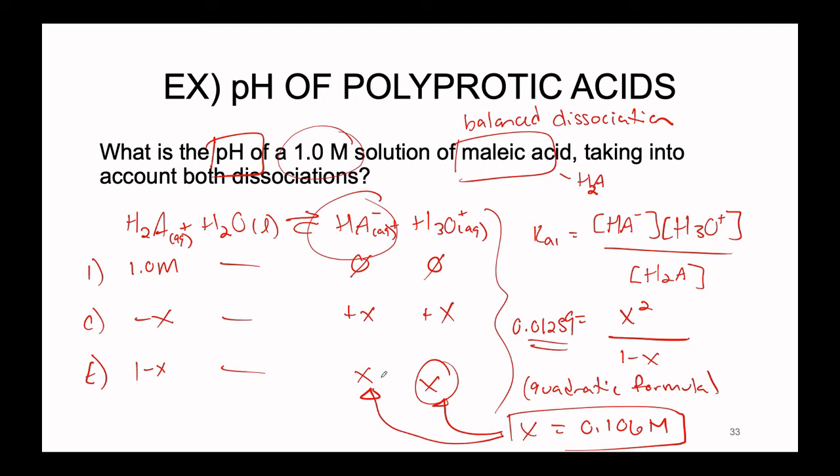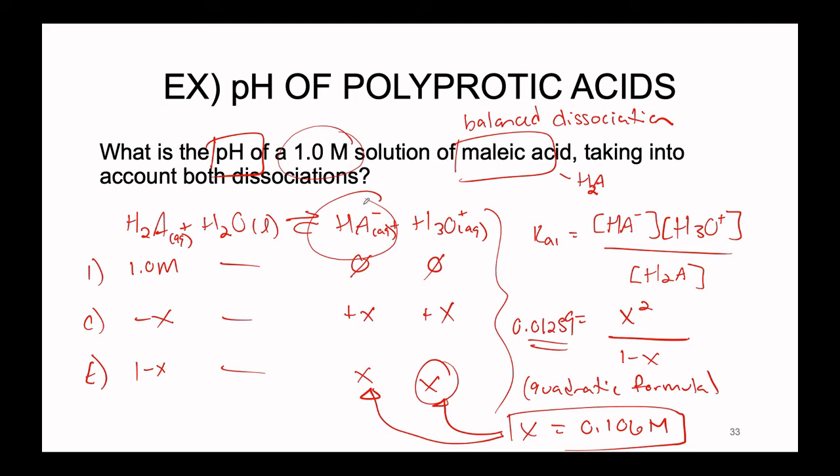So in this calculation, we are assuming that all of the H2A reaches equilibrium first, generating some HA minus, and then this HA minus, the conjugate base, will be in solution, acting as a potential additional acid, losing some more H into aqueous conditions.